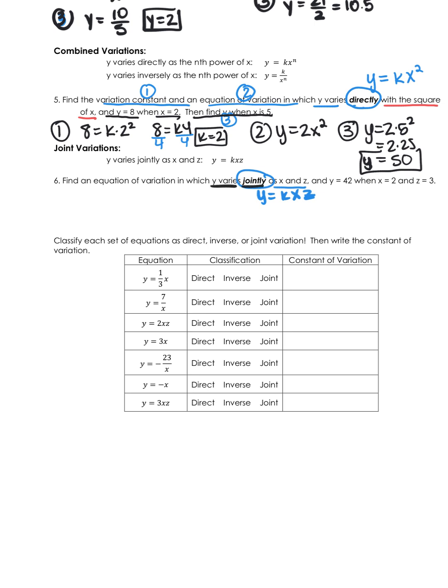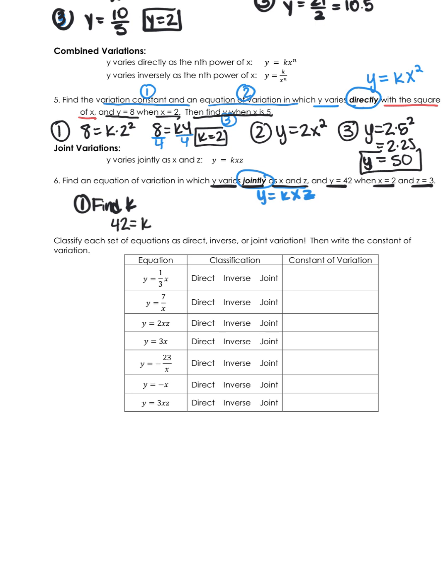Because y varies jointly as x and z. So when you're jointly, it means it's multiplied by both of those things. We'll still use the same 3 steps. So first we'll find k. It says y is 42 and x is 2 and z is 3. So we'll plug all of those in, and we'll have 42 is equal to k.